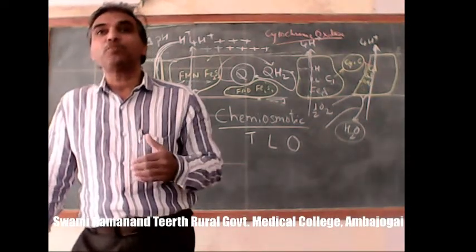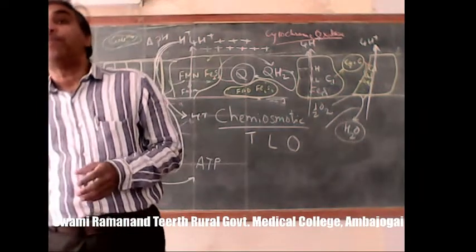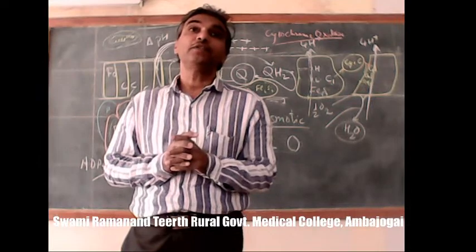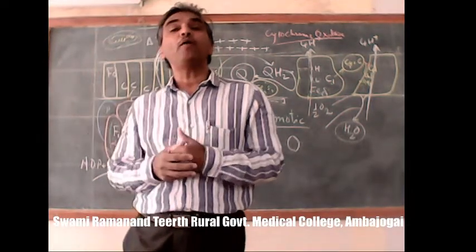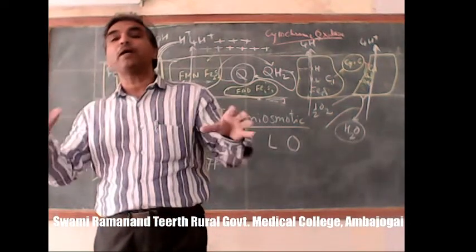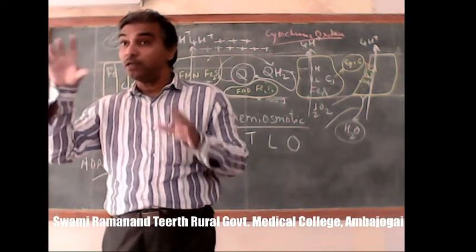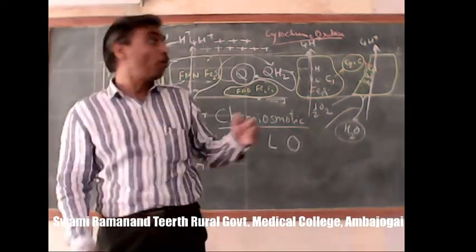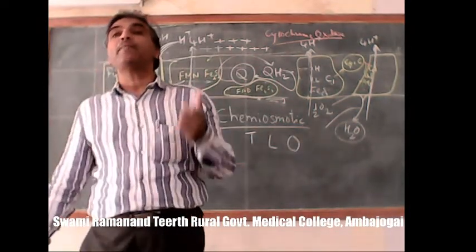through electron transport chain, the protons are pumped across the inner mitochondrial membrane, which is impermeable to the protons. Due to the pumping of protons through complex 1, 3 and 4, there is formation of electrochemical potential difference across inner mitochondrial membrane.